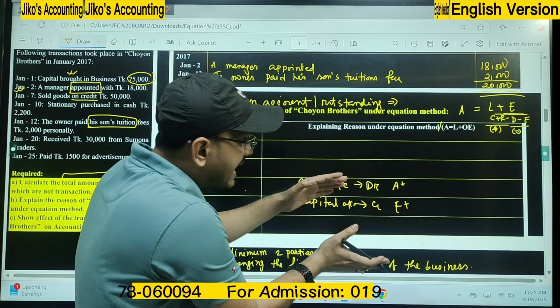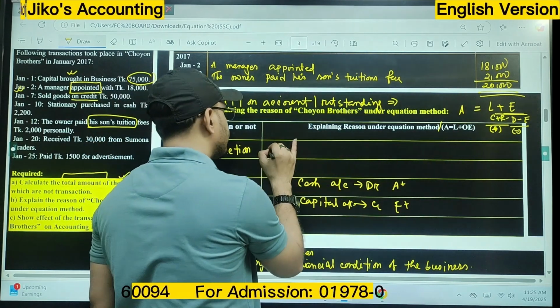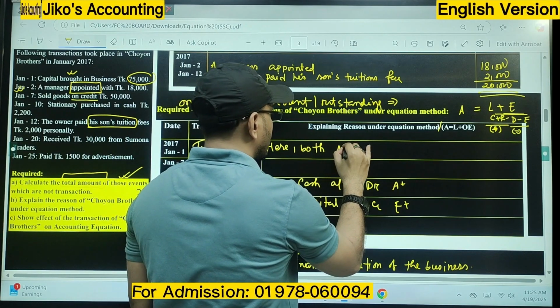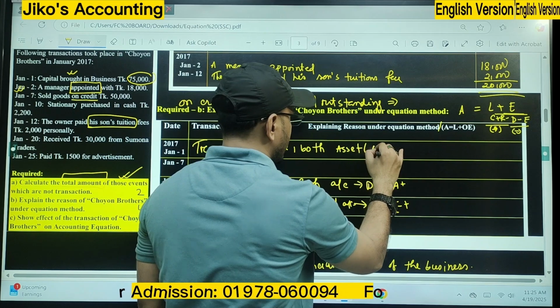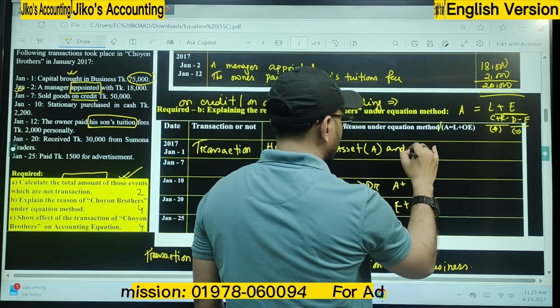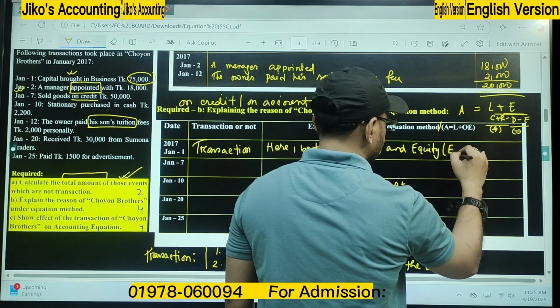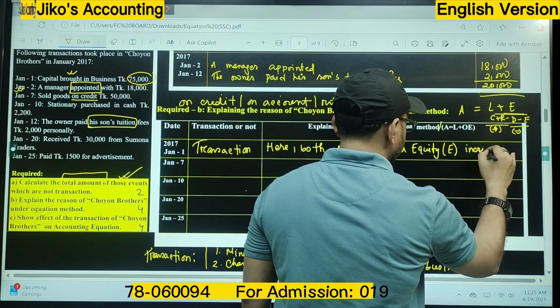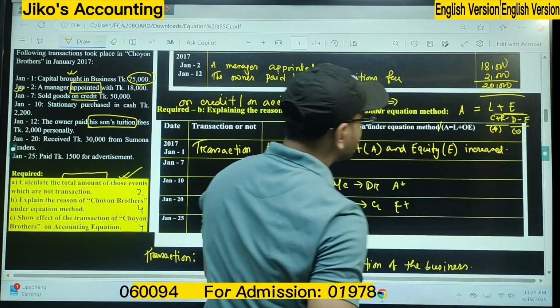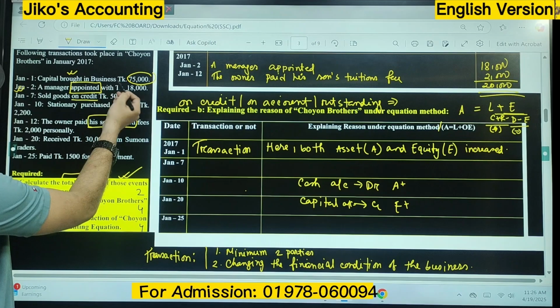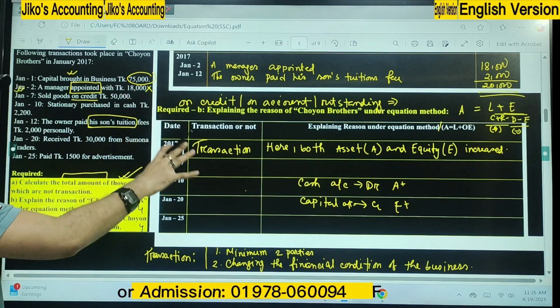That means here both asset and equity increased. Is it okay, sir? Our first requirement is done. However, our second, January 2, is not a transaction, that's why it won't be included here.